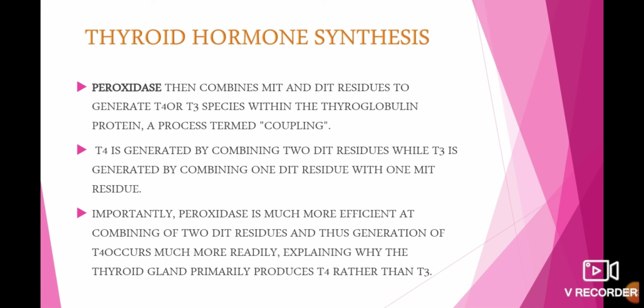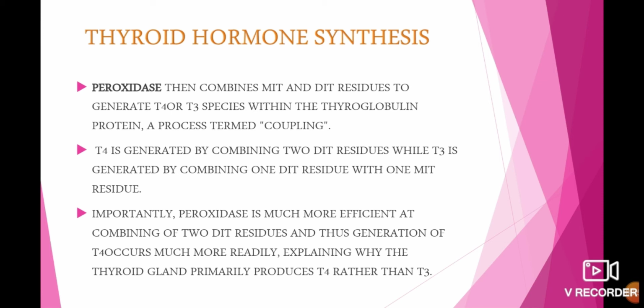Peroxidase then combines MIT and DIT residues to generate T4 or T3 species within the thyroglobulin protein, a process termed coupling. T4 is generated by combining two DIT residues, while T3 is generated by combining one DIT residue with one MIT residue.